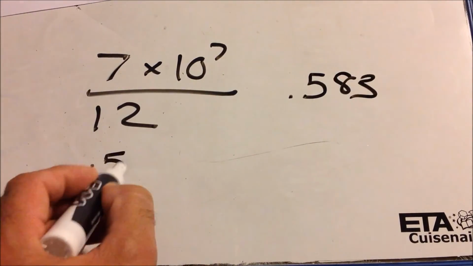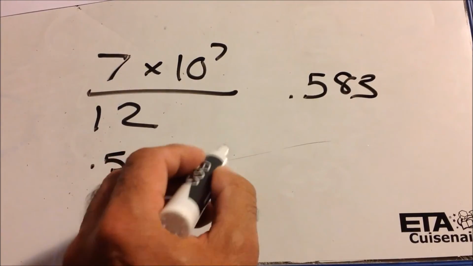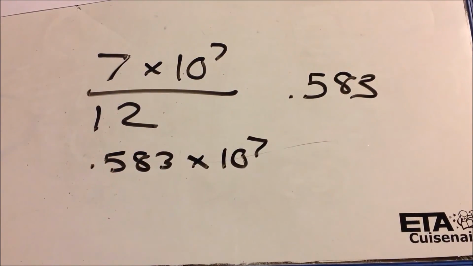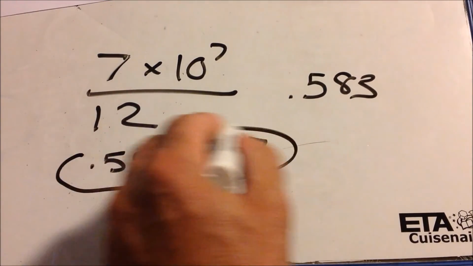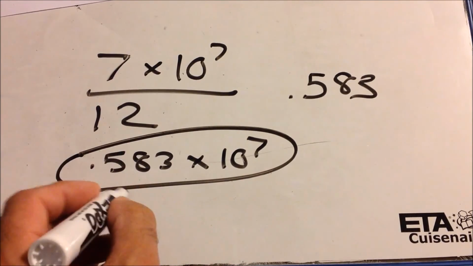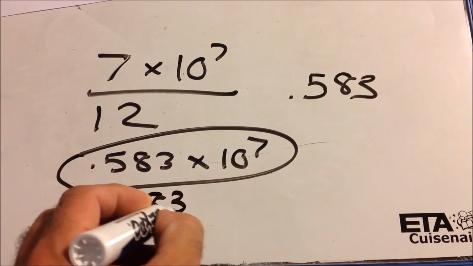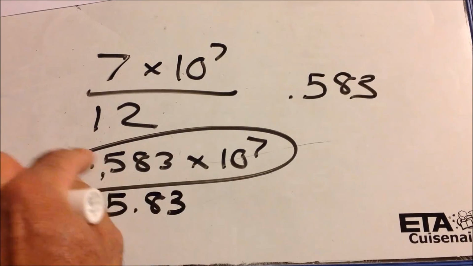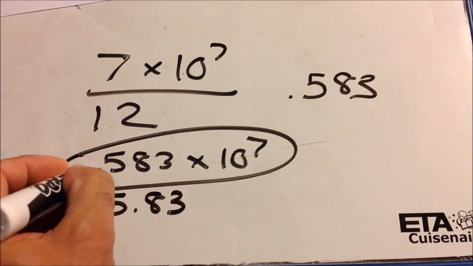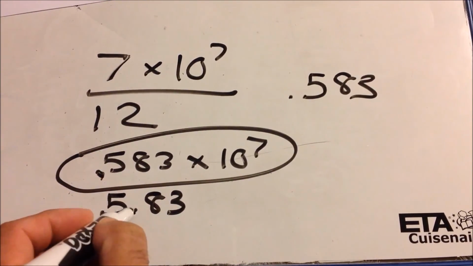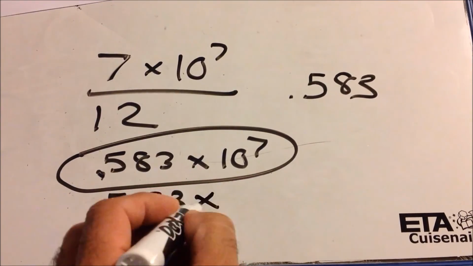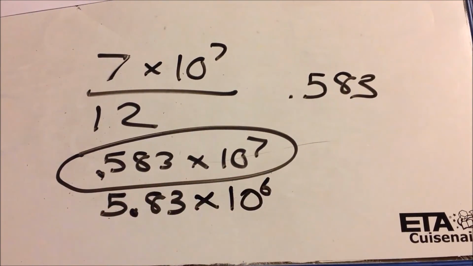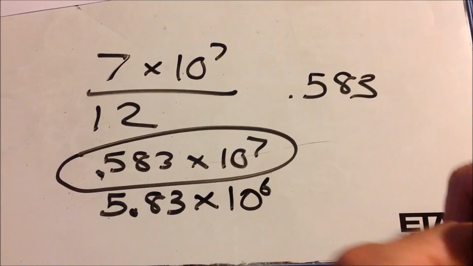So it would be 0.583 times 10 to the 7th power. Now, this is a good answer, but it's not in scientific notation, so we have to put it in scientific notation. Now, the decimal's there, telling us to move it 7 times. So if we move it forward, now we only have to move it 6 times. And we'll get the same answer that we got before.